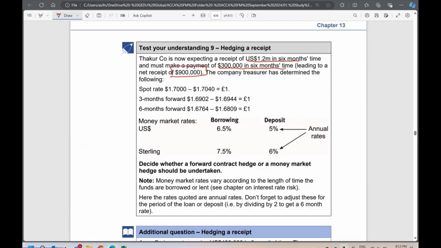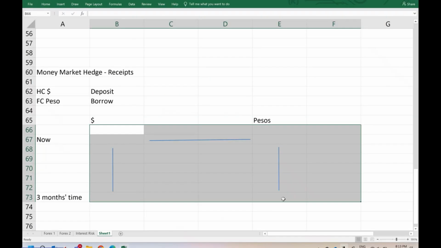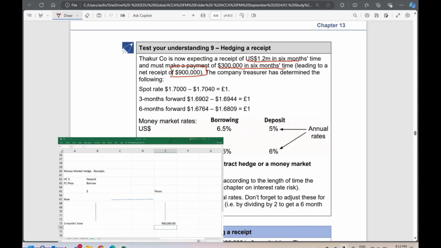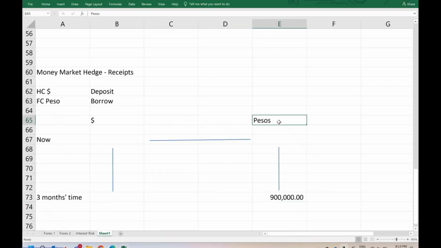We only have to hedge this 900,000. Which currency is it? Dollar, and our home currency is pound.